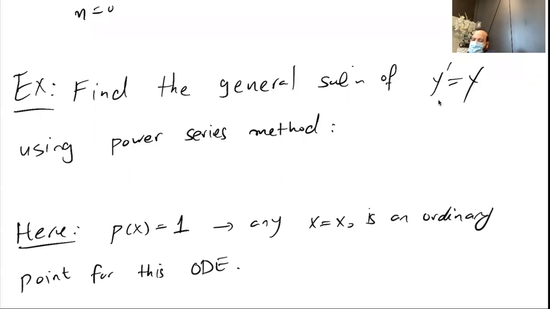The coefficient of y prime here is 1, and the constant function 1 has no roots. So whatever I consider as x naught is not going to be a root for P of x, and therefore, whatever I consider as x naught is going to be an ordinary point for my ODE.